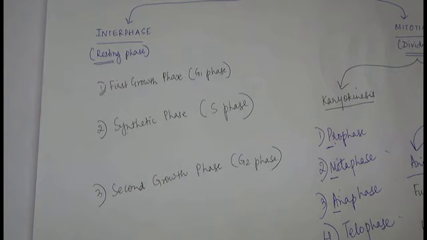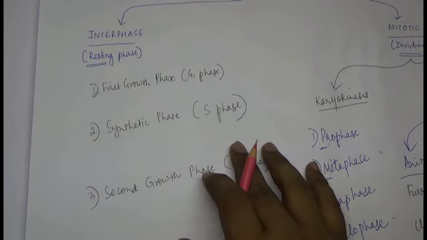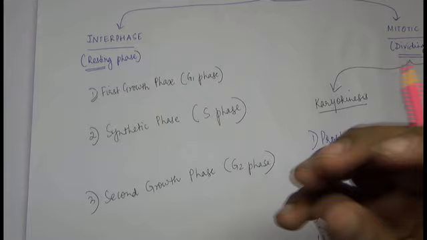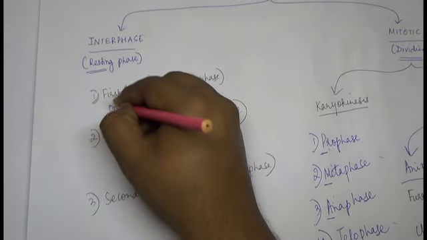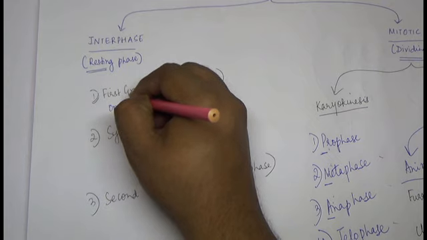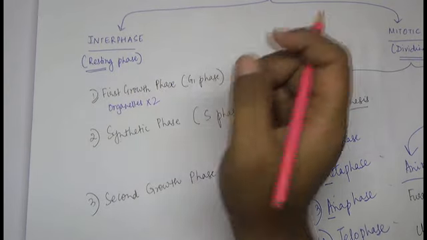In the first growth phase, basically all the cell organelles double in their number, basically not size, and the cell basically doubles in size. Okay, the organelles will double in their number.